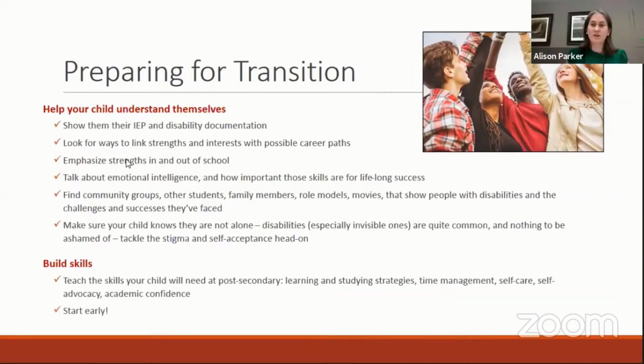We also really encourage parents to talk to their kids about emotional intelligence, and that can be something you can learn about together, because those skills such as resiliency and self-esteem are really important for lifelong success, and sometimes even more so than academic intelligence.